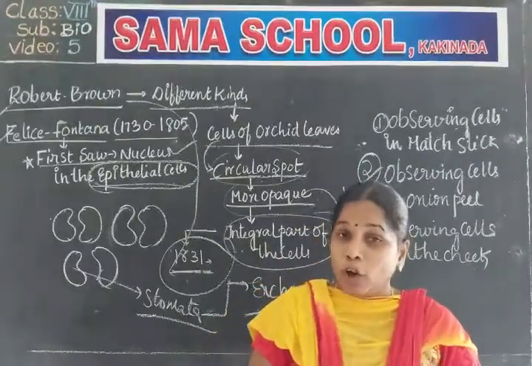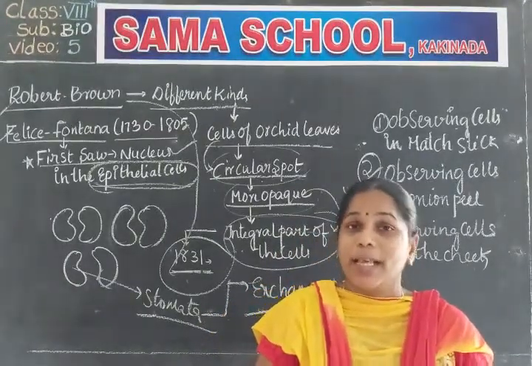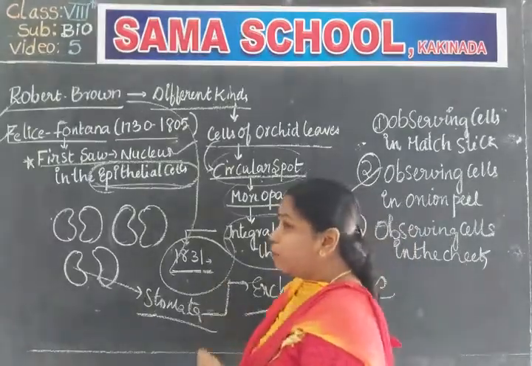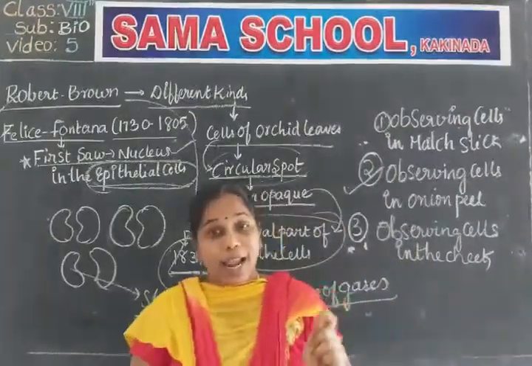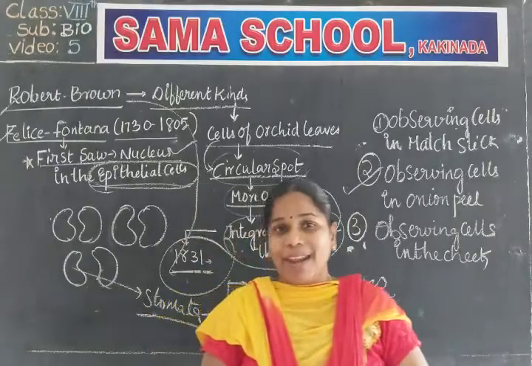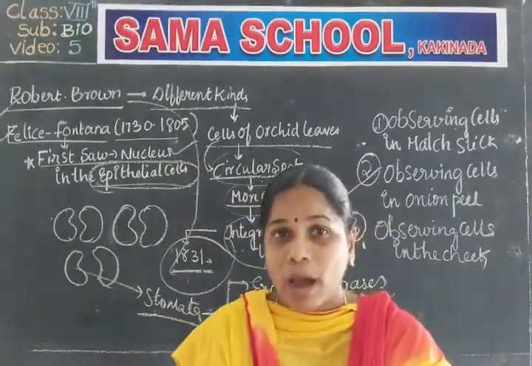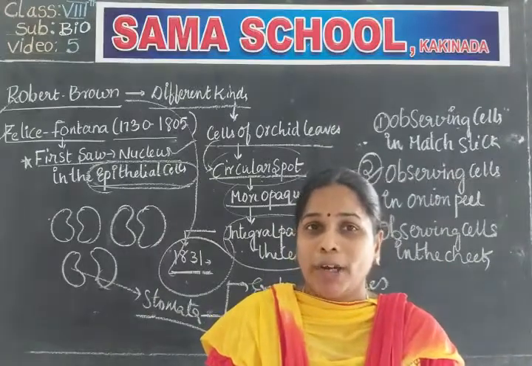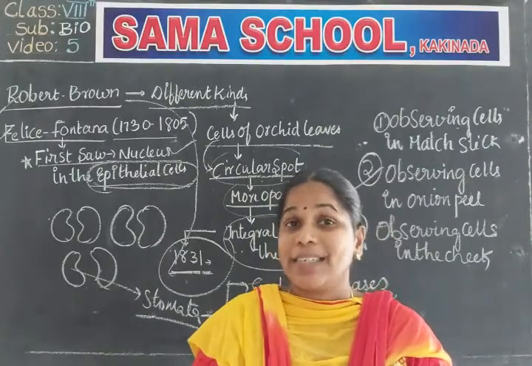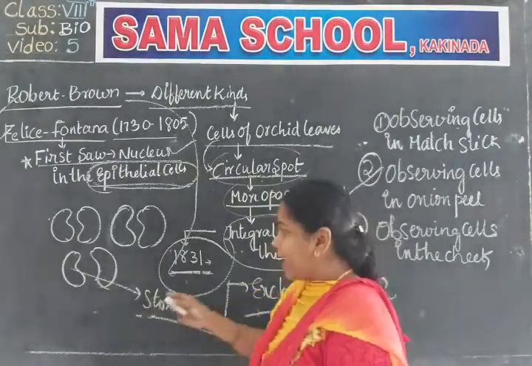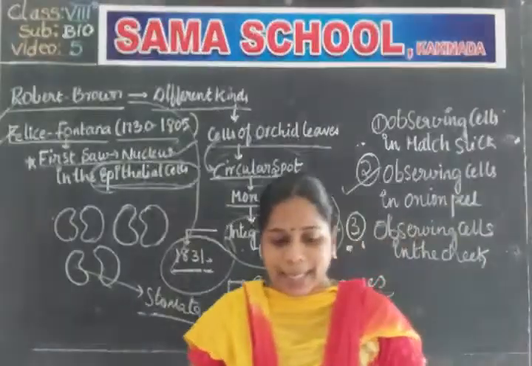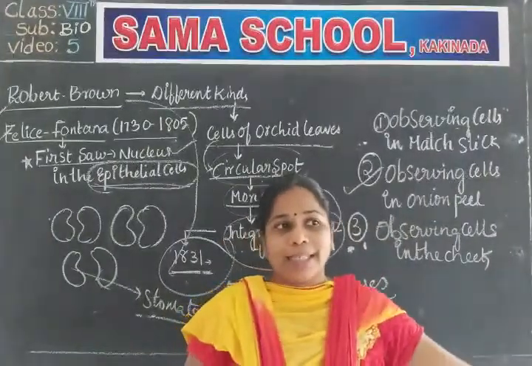So not only the nucleus, but Robert Brown observed another structure along with it, and he gave the structure the name stomata. And he said the function of the stomata is the exchange of gases. Exchange of gases.